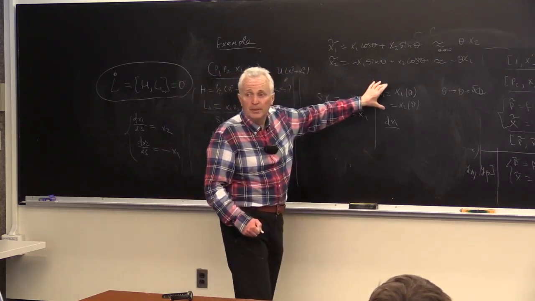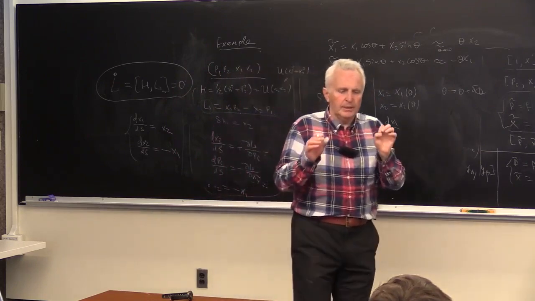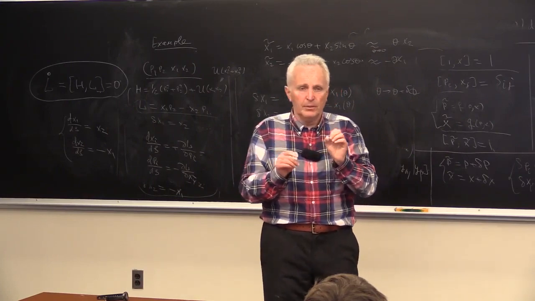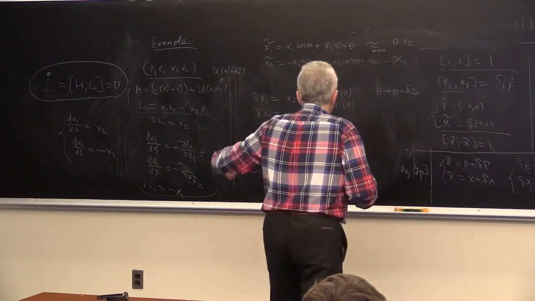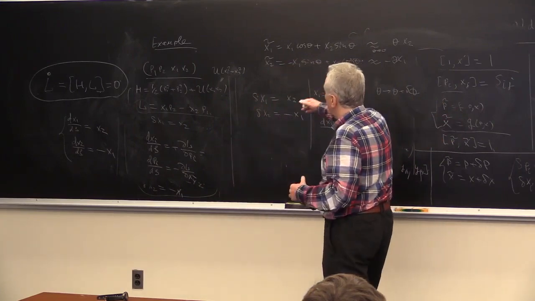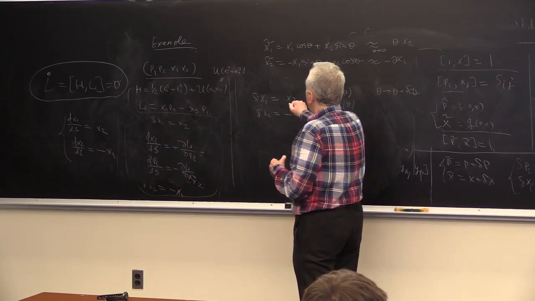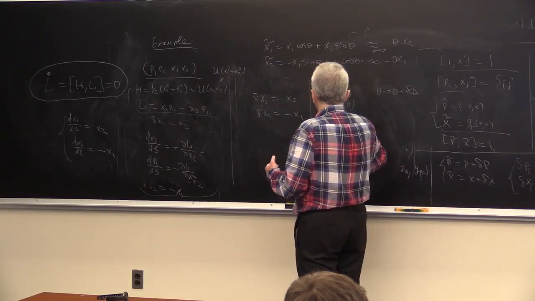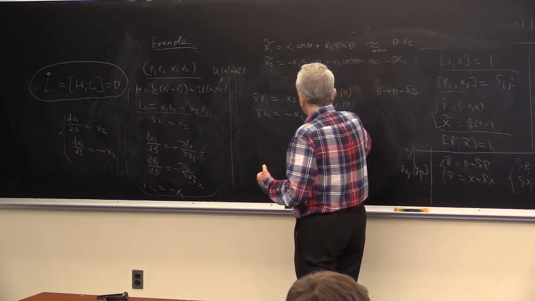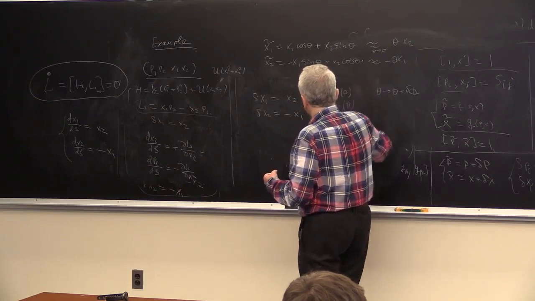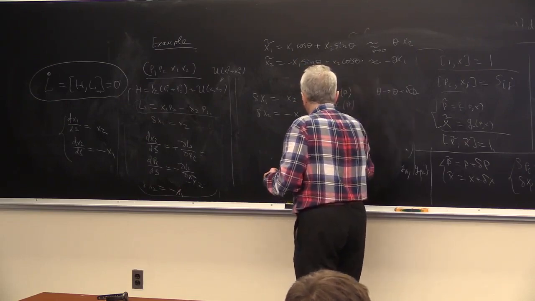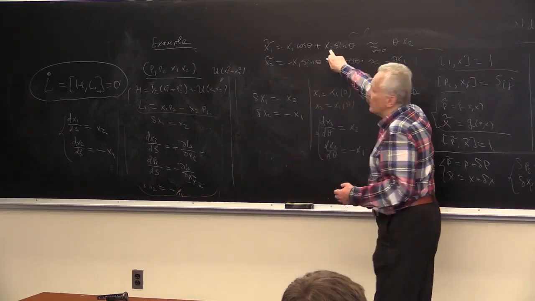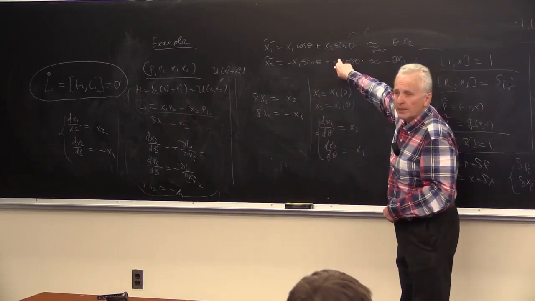It's pure geometry. Let me say it again. When you have a group of transformations and you know the infinitesimal transformations of the group, you can integrate them to the finite transformation. How do you do this? You introduce a parameter, and then this simply translates to the statement that the change of x1 from theta to theta plus d theta is x2, and dx2/dtheta is minus x1, and then you solve these differential equations and you get this formula.